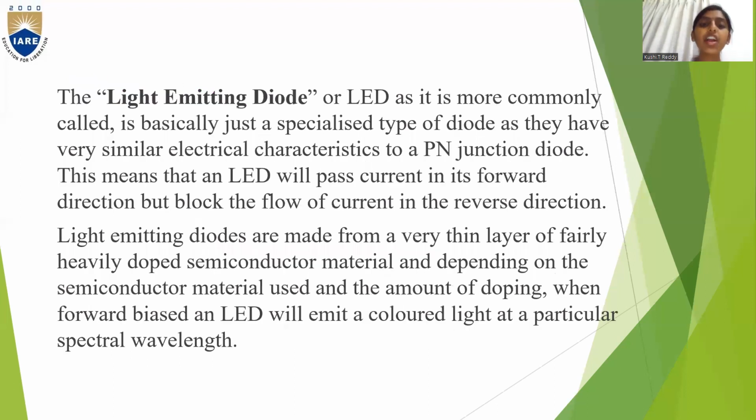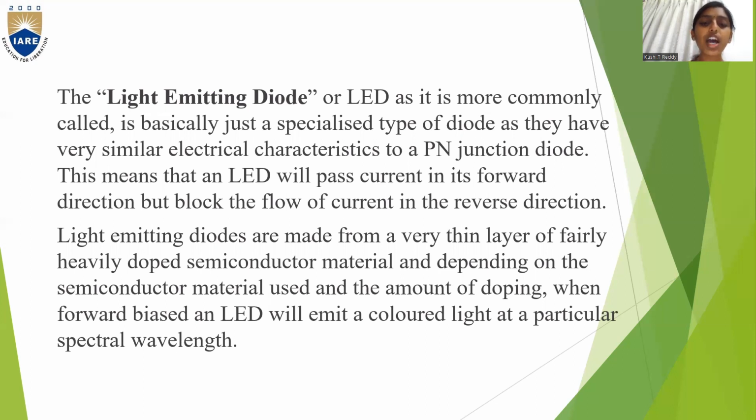The light emitting diode, or LED as it is more commonly called, is basically just a specialized type of diode, as it has very similar electrical characteristics to a PN junction diode. This means that an LED will pass current in its forward direction but block the flow of current in the reverse direction.